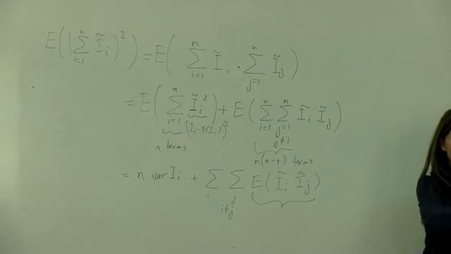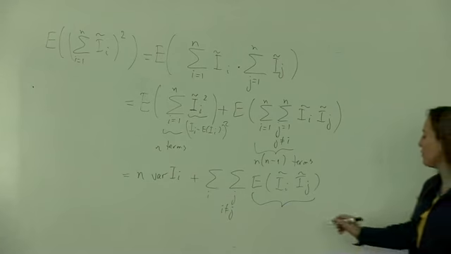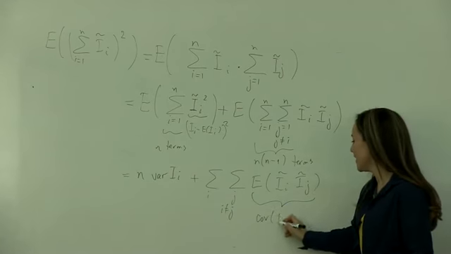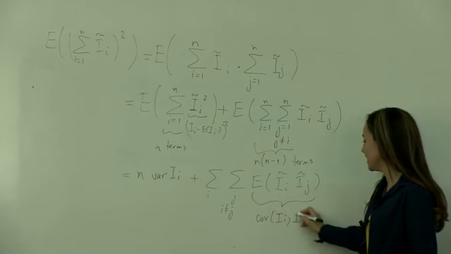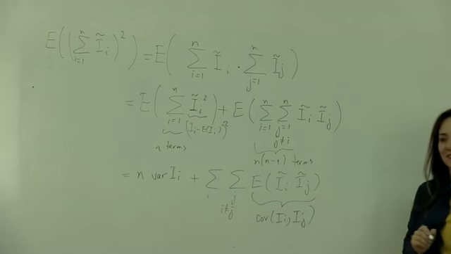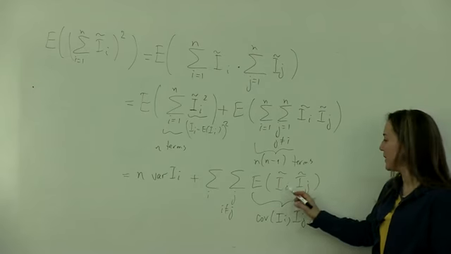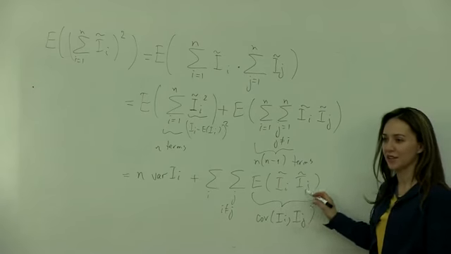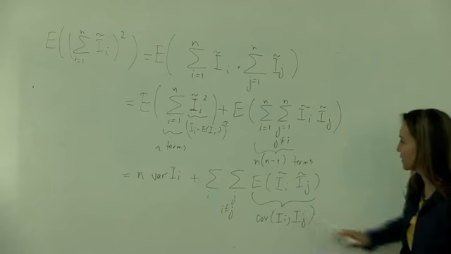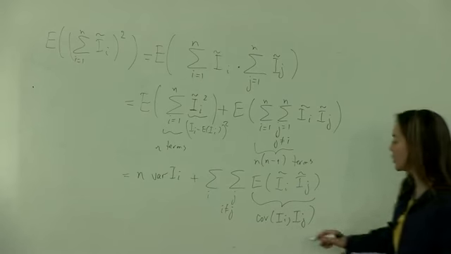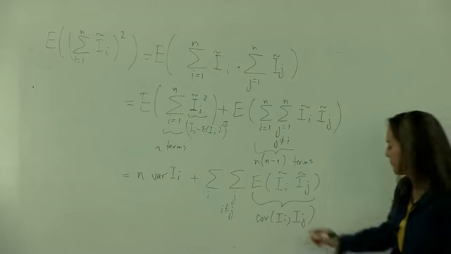Very nice. It's the covariance of I_i and I_j, because it's the expectation of I_i minus its mean times I_j minus its mean. So this is the covariance of I_i and I_j, which I actually computed.